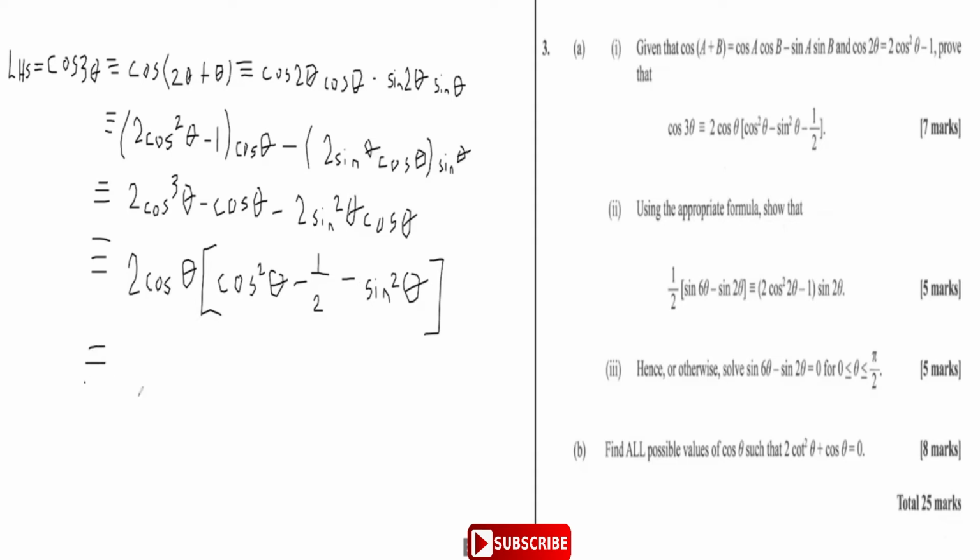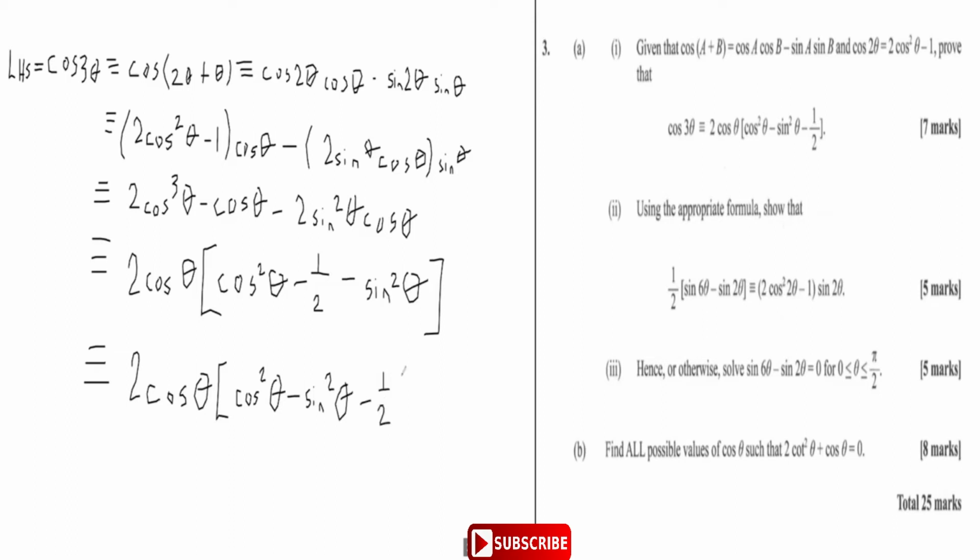You can rewrite this then as 2 cos theta multiplied by cos square theta minus sine square theta minus a half.